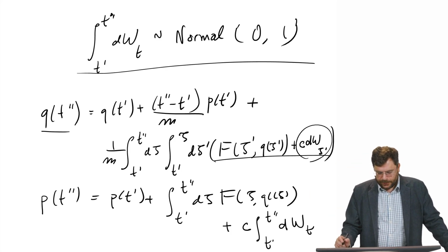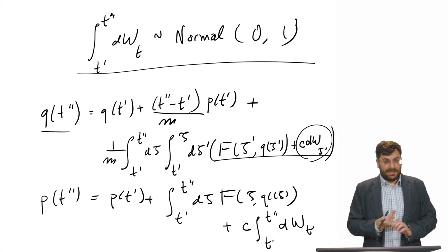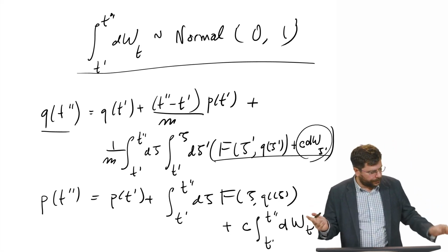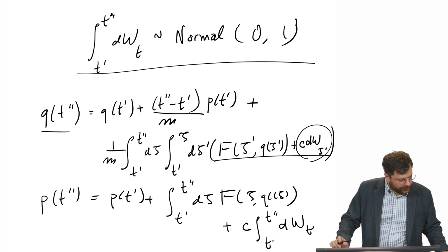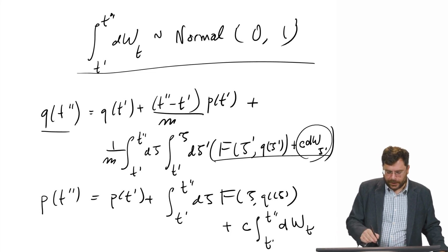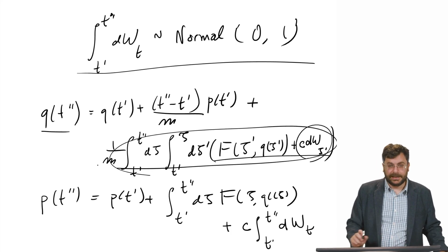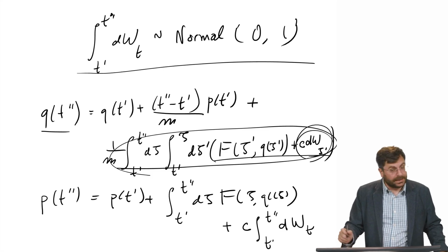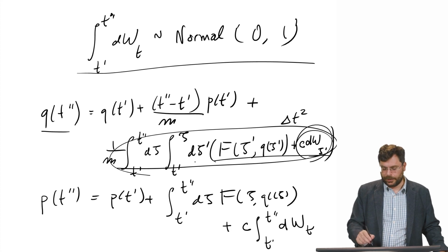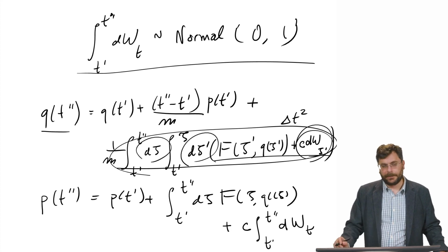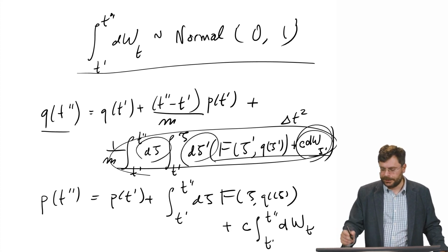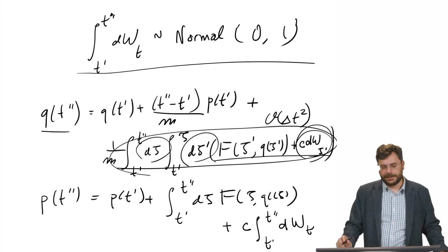And now we ask ourselves the question, under the same approximations that we made last time, what changes? Well, the first thing that changes is that we recognize immediately that this term, irrespective of whether I have noise or not, has a delta t squared term because of these two integrals here. So sometimes people will say it's order delta t squared.